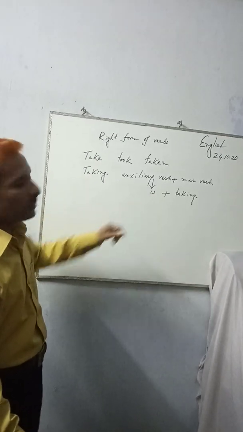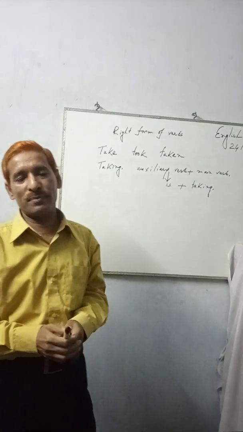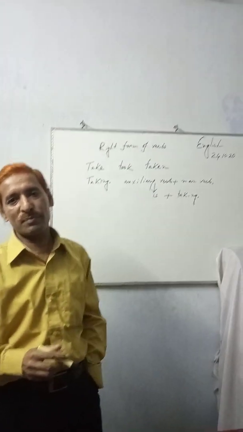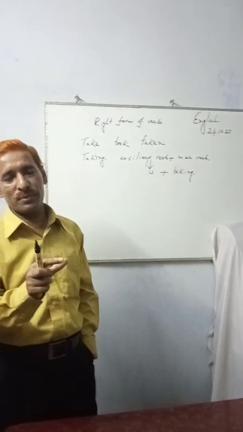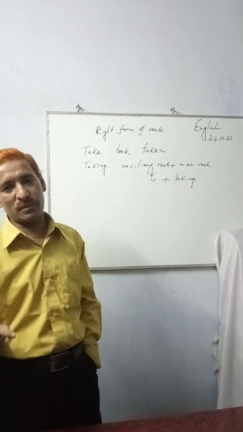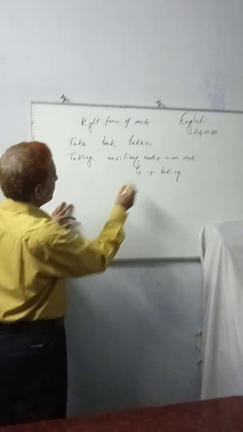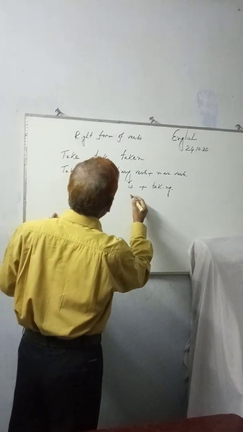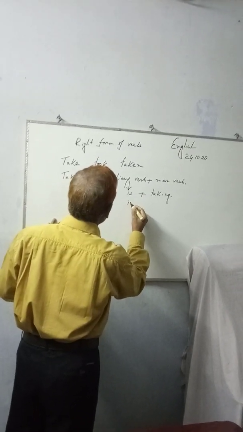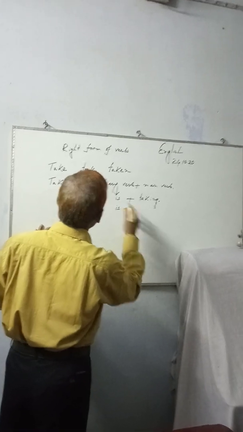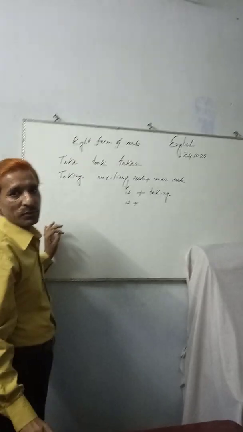There is another verb, passive form. Passive form, that is auxiliary verb or be verb plus past participle. Passive verb, that is auxiliary verb is plus take, took, taken.